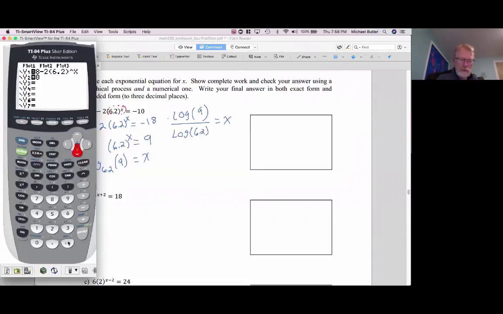And then down here was negative 10. All right, so if I do a zoom standard, I sort of see the solution here, but I probably ought to adjust the y min. So let's go back over here and take y min to say negative 15.